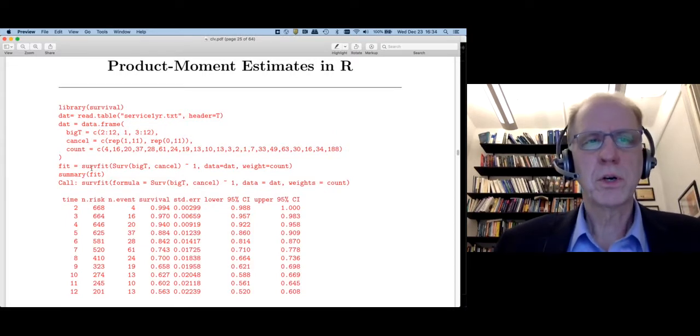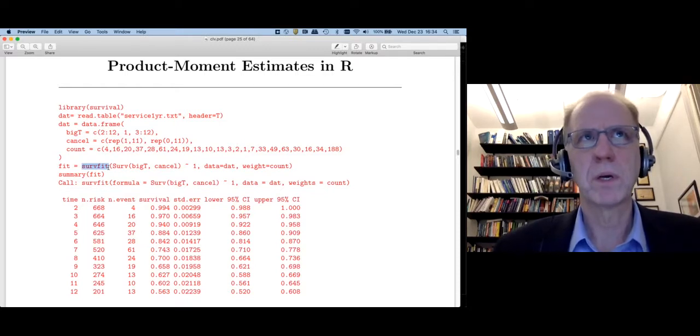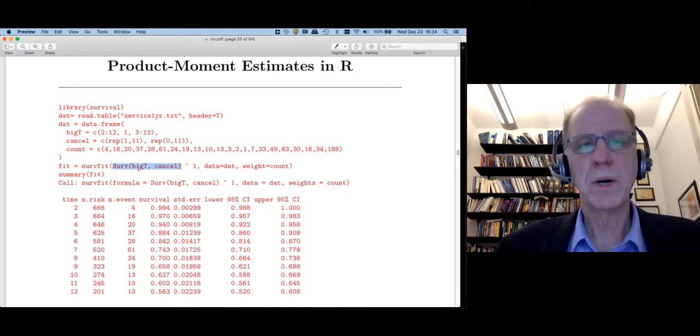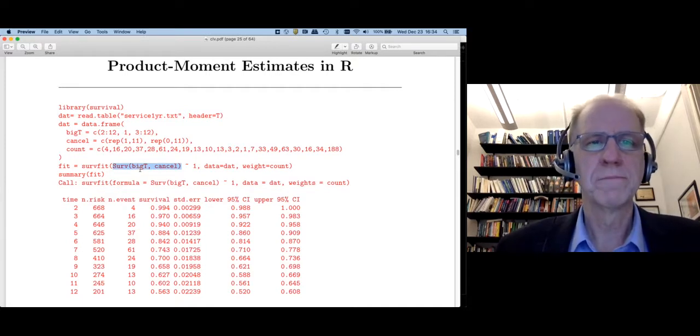There's a function called survfit that fits these basic life tables, Kaplan-Meier estimators. The dependent variable is going to be the time of either censoring or cancellation. So big T indicates the time of censoring or cancellation.